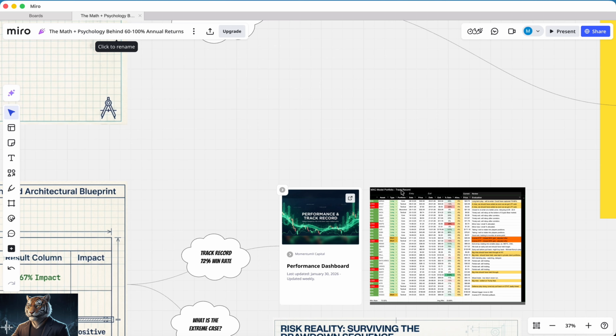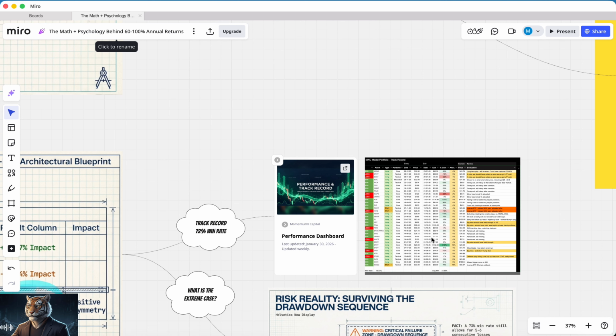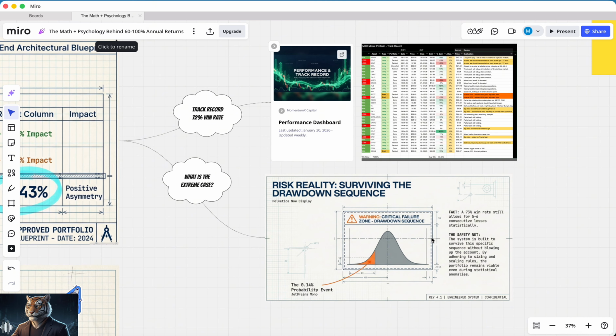Lastly, some of the elements that absolutely need to be considered when you're thinking through your portfolio and the math behind it: you need to think about the worst case scenario. Based on those percentages, the worst case scenario for us would be 5 to 6 consecutive losses. The interesting part is that the probability of that is only 0.14%. And even if it happens, it would not affect us significantly because we're minimizing the losses.